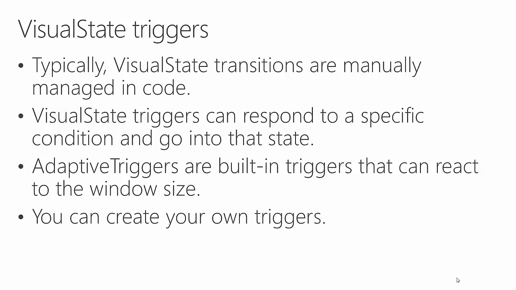Built-in, we offer a kind of visual state trigger called adaptive trigger, which reacts to window size changes. So every time the window size changes, the trigger is able to change the visual state. But we are also providing a base class to implement your own triggers. So you can define your own custom events that should trigger a visual state change.